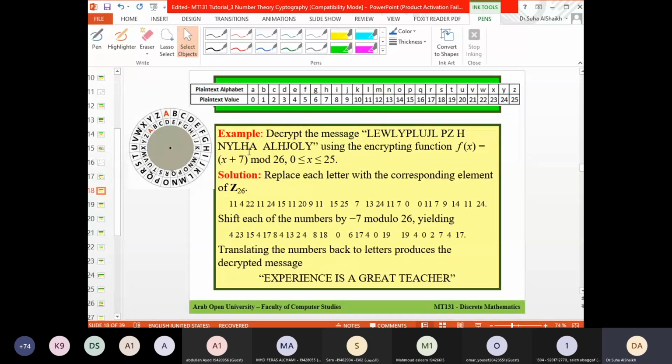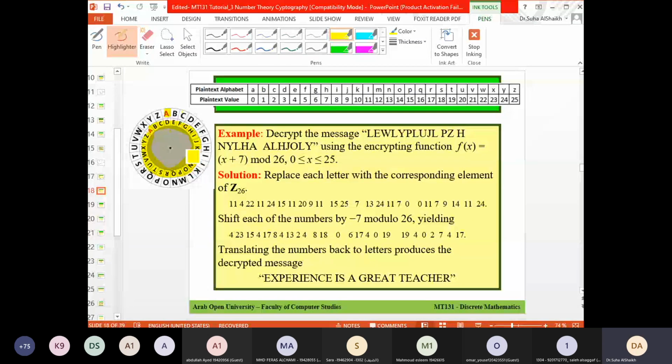Of course, sometimes they think about it by using those circles that you can see. The A I moved 4 forward, so when I go back it will be 4 backward. The A went to the D, right? And the B to the E, and the C to the F, and the D to the G. So looking at the circle, you can see the inner circle moved 3 steps forward.